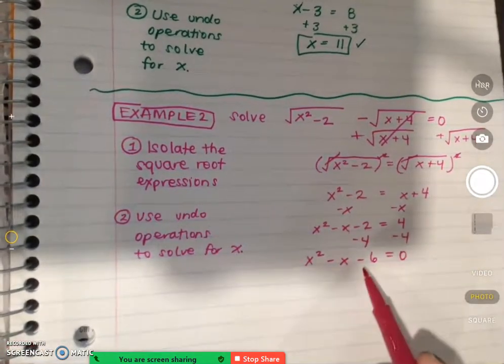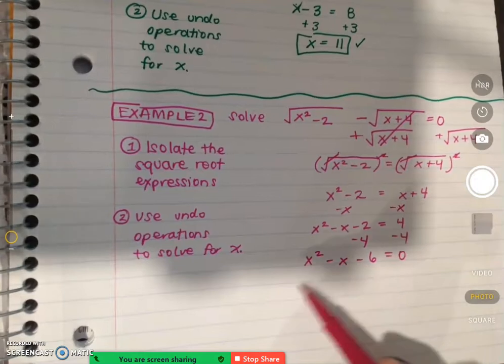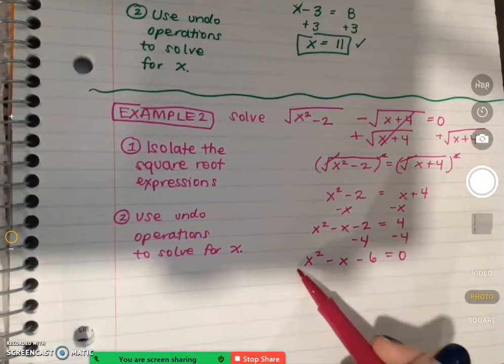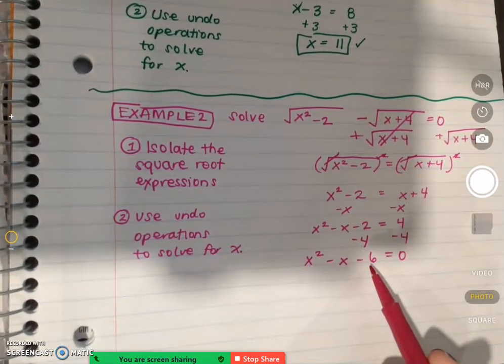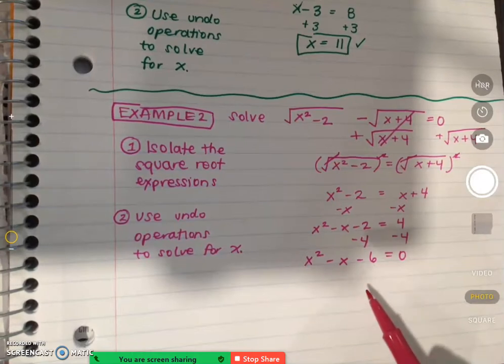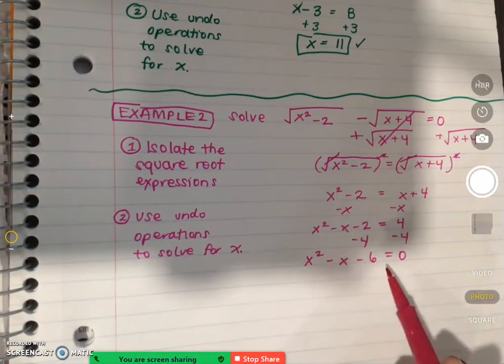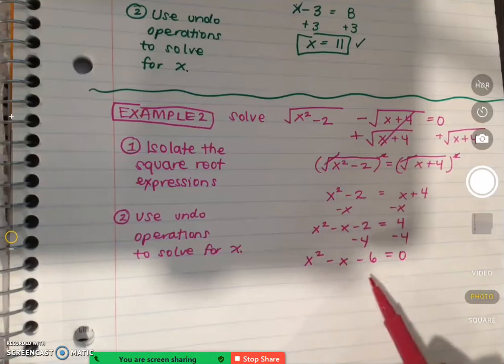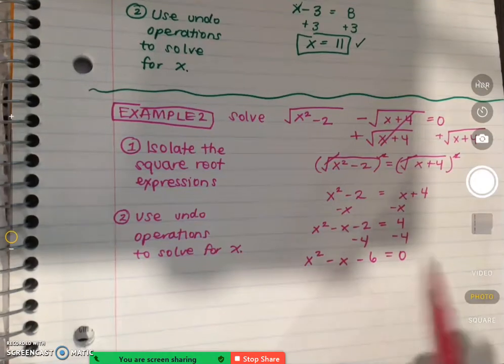The reason why I chose to do those operations is because to solve this quadratic, when I have an a, b, and c value, I have to first get this quadratic in standard form. Then I'll try to factor, or I'm going to have to use the quadratic formula. So with this quadratic in standard form, I believe it is factorable.